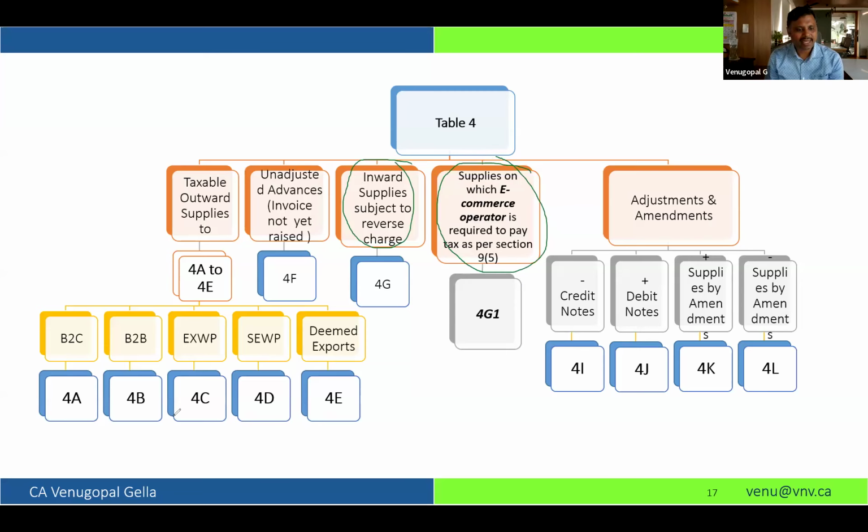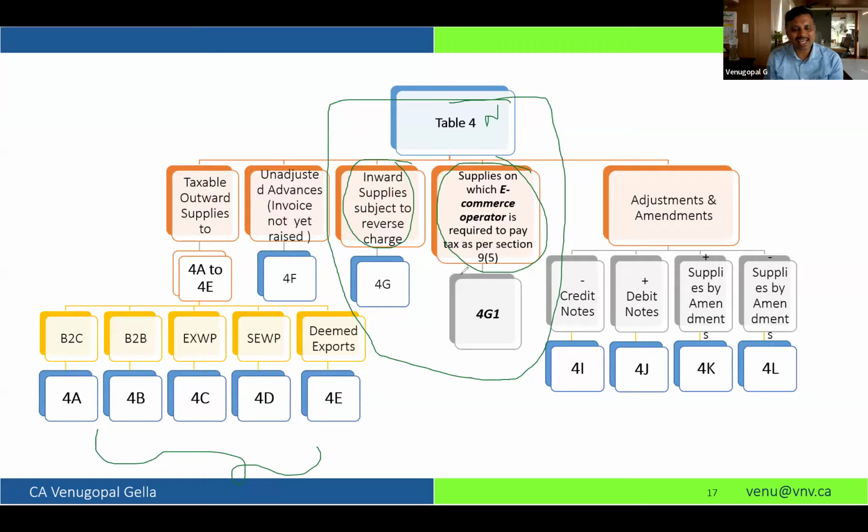That means my tax liability is only this. So from my table 4N, I have to eliminate this portion to calculate the tax liability related to outward supply.